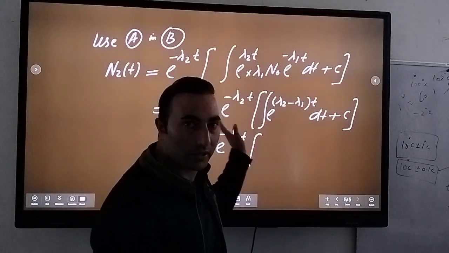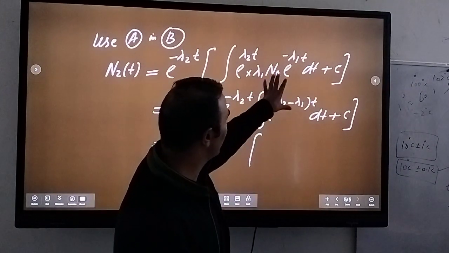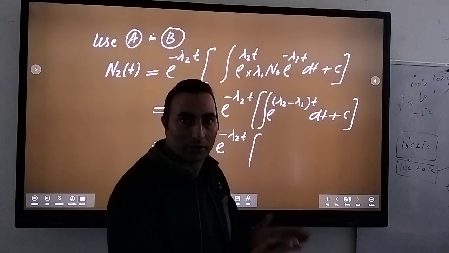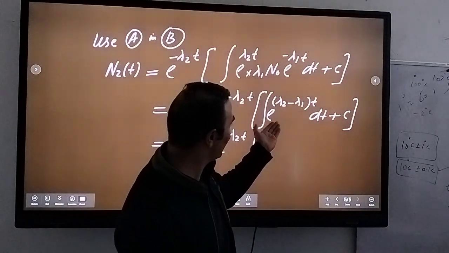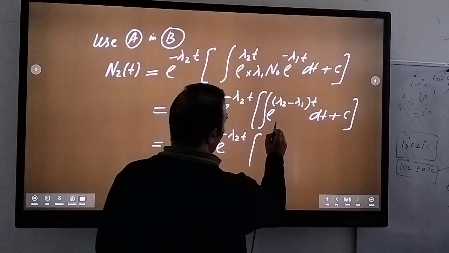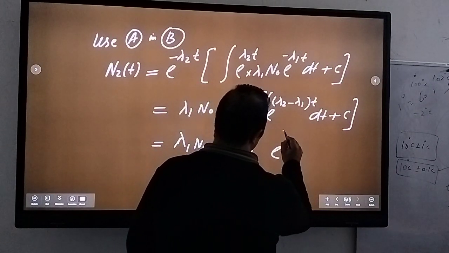That's what I did here, lambda 1 n0 out, and we need to integrate only this part. You can combine them, so you can rewrite this as e raised to the power lambda 2 minus lambda 1 times t, into dt plus c. When you integrate this equation, you get the same thing.